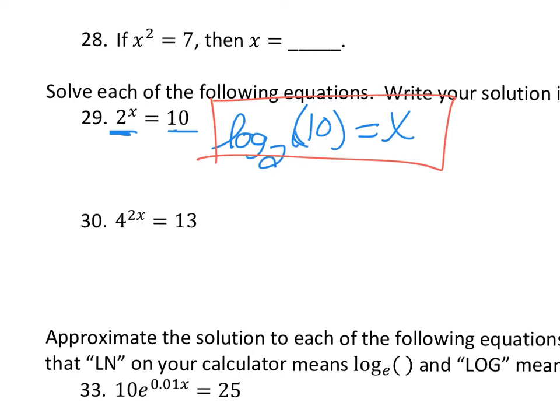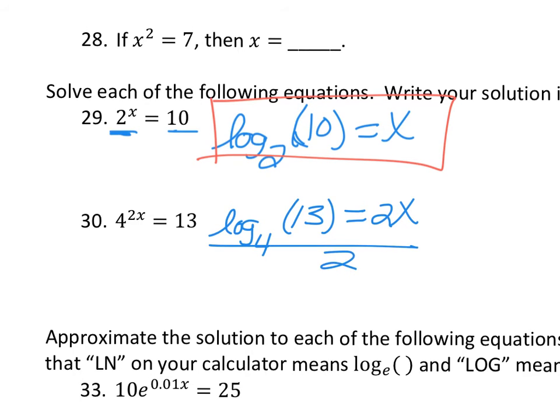Let's go down to the next one. This one's going to take a little bit more work. We're still going to go ahead and do that conversion here. We're going to use the 4 as the base of the logarithm, so log base 4 of the other side is equal to the exponent, 2x. We're trying to solve for x, so let's divide both sides by 2.